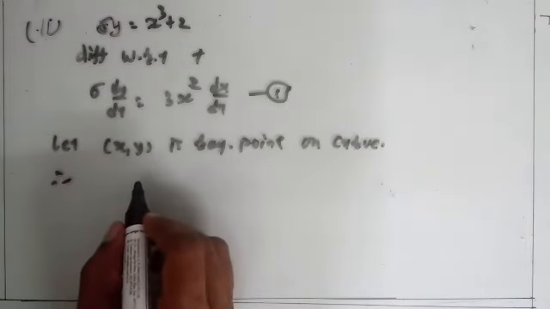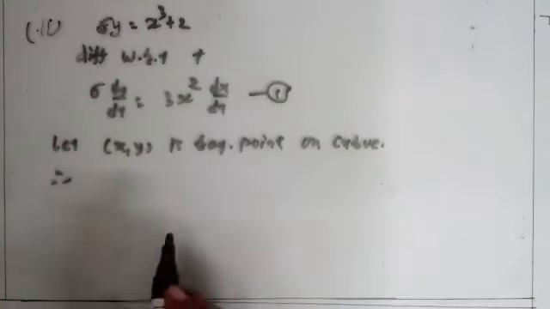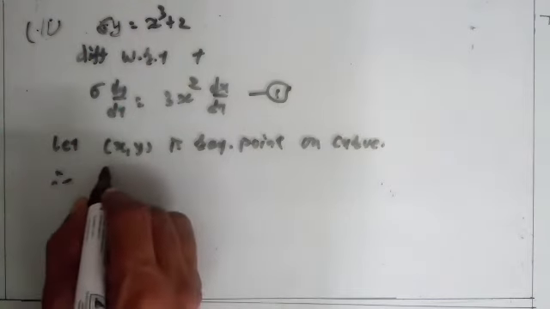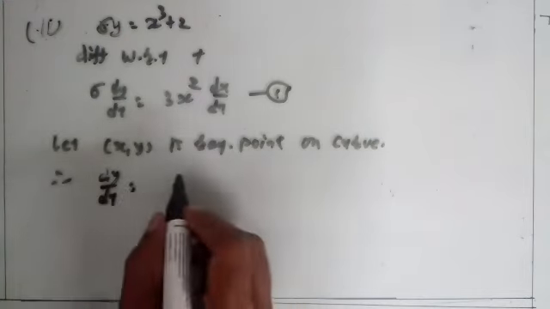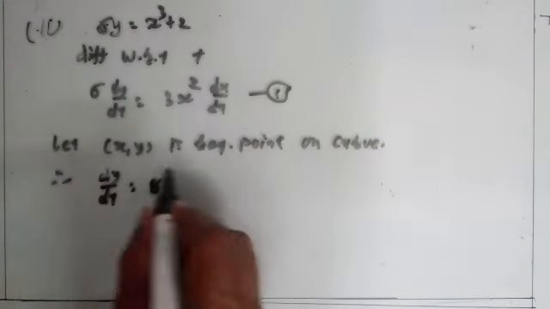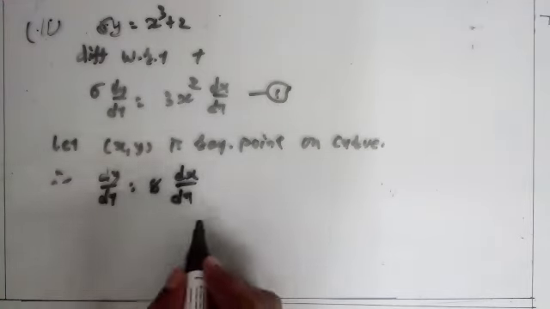Therefore it is given that the y coordinate is changing 8 times as fast as the x coordinate. That is, dy/dt is equal to 8 times dx/dt. Clear this?